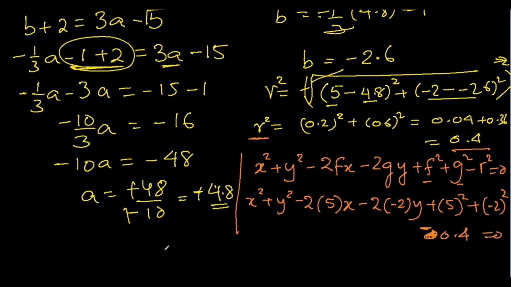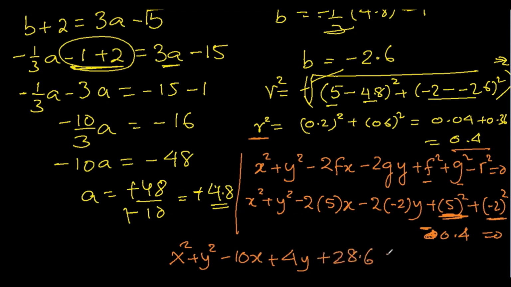Alright, so the final answer will be x square plus y square minus 10x plus 4y, 25 plus 4 is 29, minus 0.4 is 28.6, equal to 0. That's the equation of the circle.